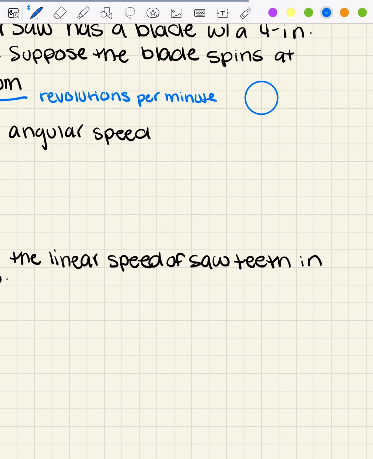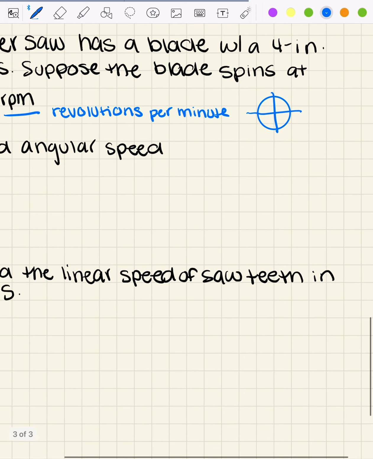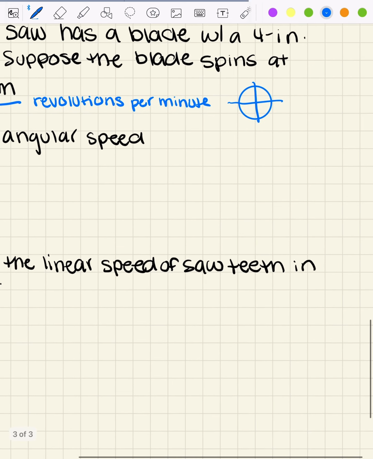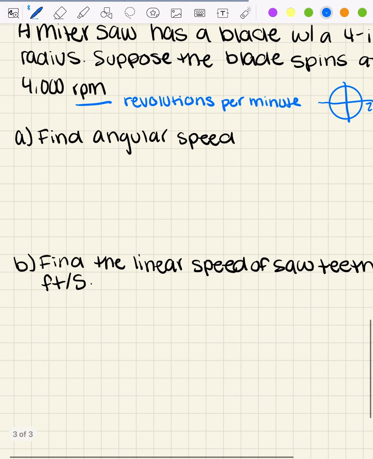So a 360-degree angle, but when we talk about angular speed and linear speed, which we'll get to, a revolution is also known as 2 pi, because that is the angle of a circle in radian mode. So one revolution can also be known as 2 pi, which is a circle.